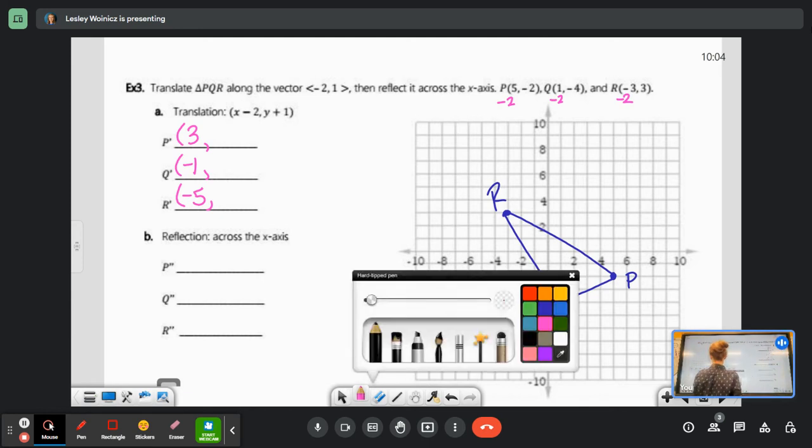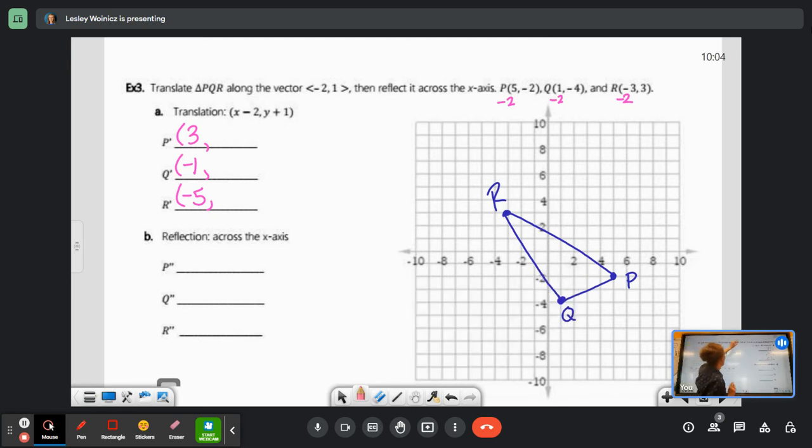All right, now for the y's, I have to add 1. So -2 plus 1 is -1. -4 plus 1 is -3. 3 plus 1 is 4. Okay, so now I can plot my points. I've got 3, -1.